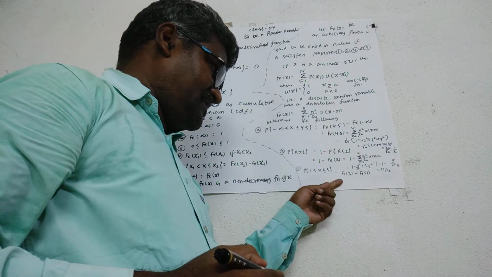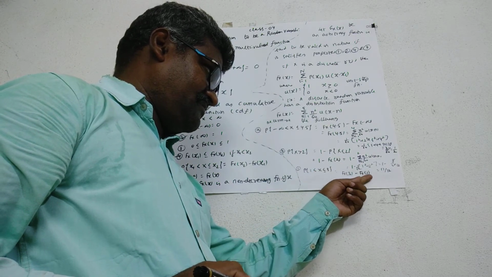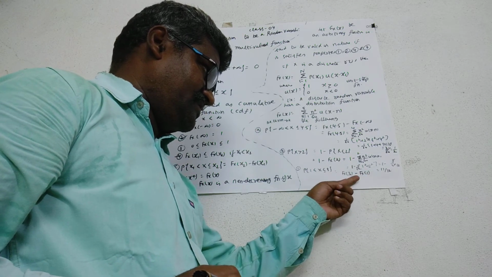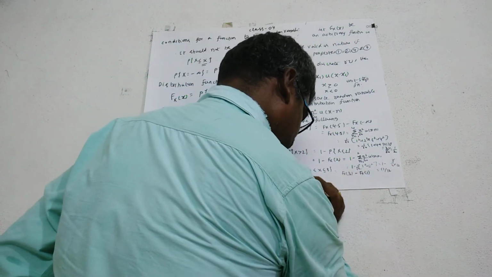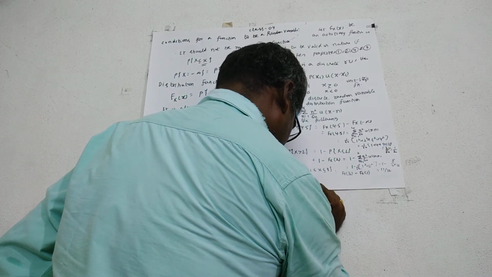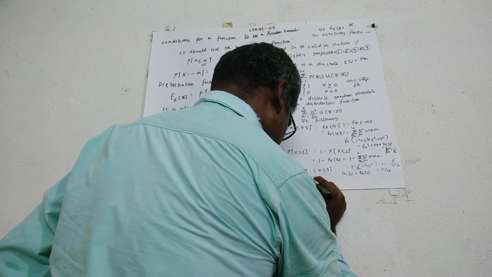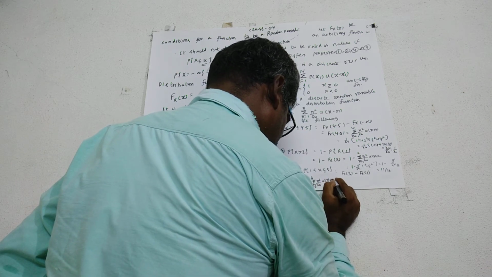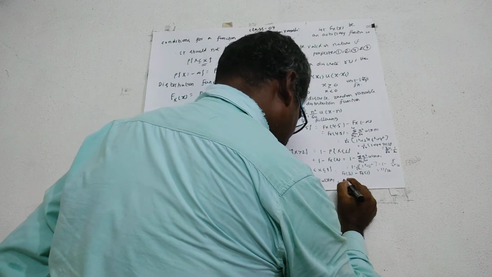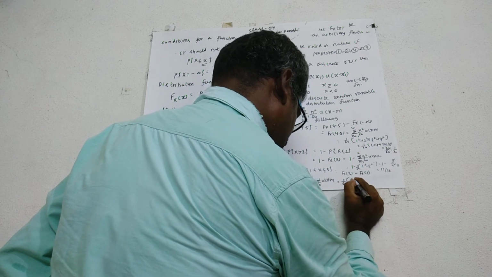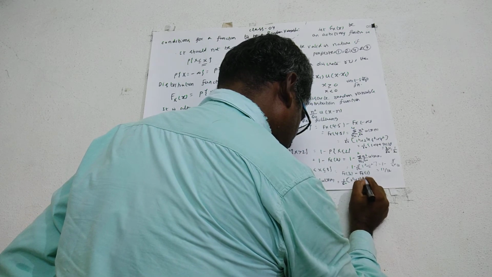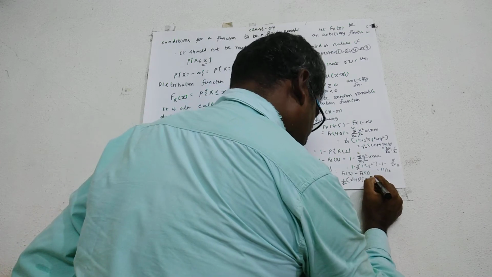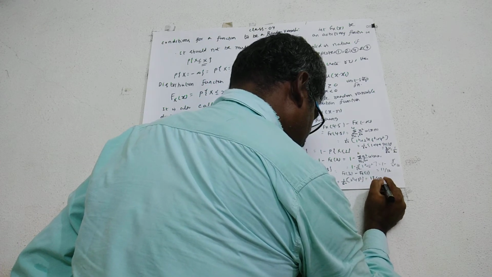In F_X of 3 we have the range of values 1, 2, 3. In F_X of 1 we only have 1. After subtracting 1 from the range 1 to 3, the resulting values range from the summation n equal to 2 to 3 of n squared by 60 into u of x minus n. After substituting this value, we get 1 by 60 times (2 square plus 3 square). 2 square means 4, 4 plus 9 is 13. Hence it is 13 by 60.